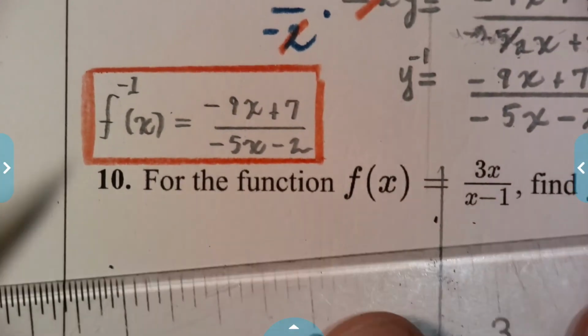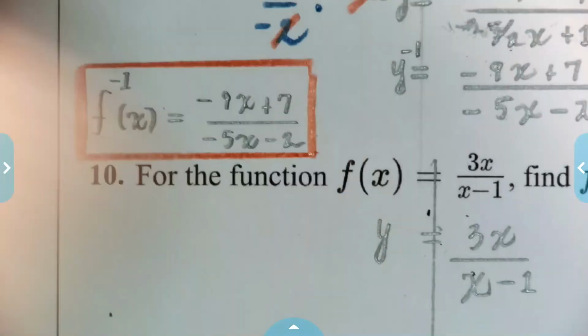So step 1, let's write f of x as y. Y equals 3x on top over x minus 1. Okay, whatever.